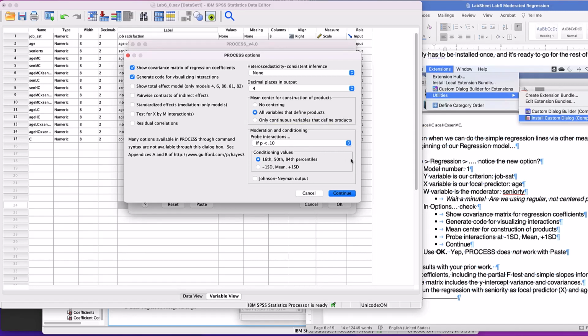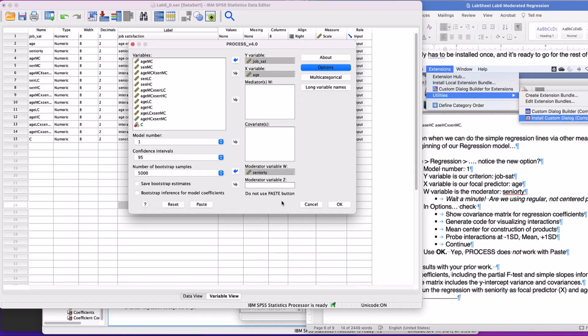In the probe interactions, we want to put it to one standard deviation below the mean, the mean, and one standard deviation above the mean. That one. That's all. And then we'll hit continue here, and then here we're not going to hit paste. That's right, process does not run from syntax. It will only run from the dialog box or that other syntax file that they made available. So this is what we need here, and we're going to hit OK.